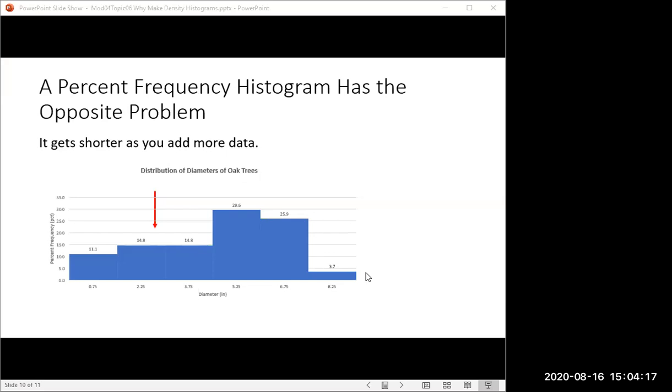So if you imagine by the time you get to 1,000 different classes, 1,000 bars in your histogram, what percent of the individuals belong to each one? Well, on average, less than 1%. So this histogram gets shorter as you add more data.